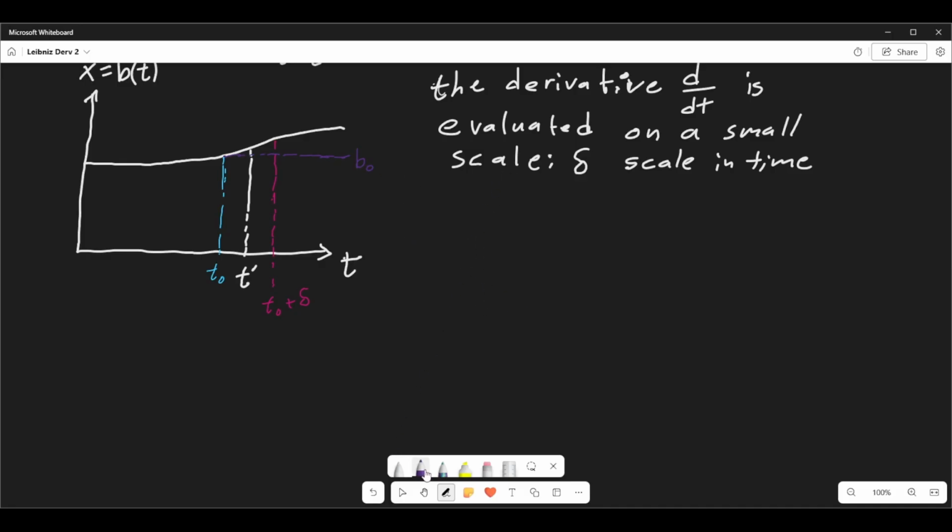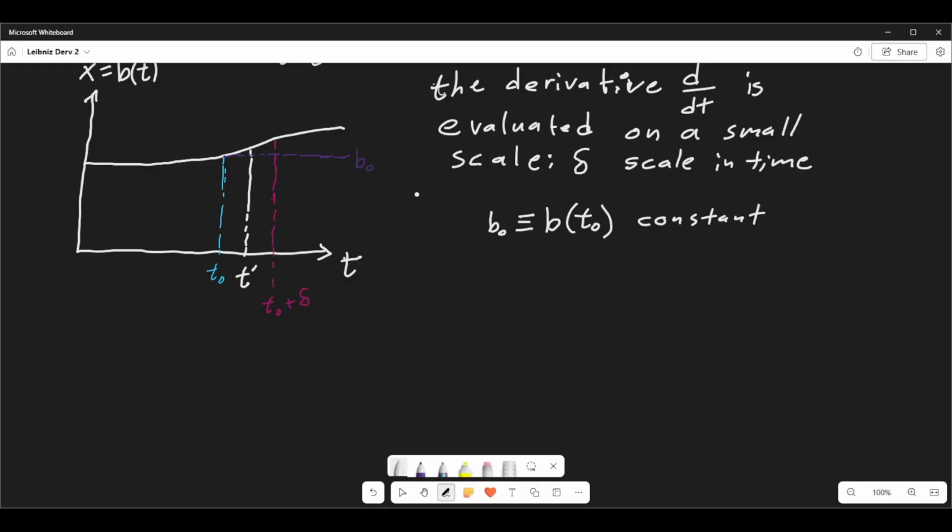And basically do the following definitions. So basically B naught is going to be defined as the boundary at time t naught, which is going to be a constant, since t naught is a fixed point in time.